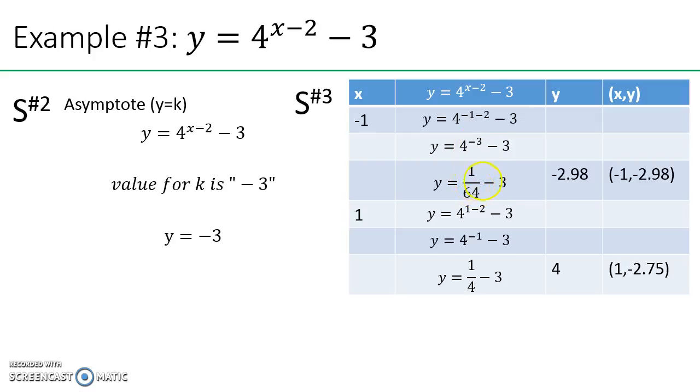Now, because we have a fraction here, remember to subtract fractions, you have to change this 3 to a fraction with a base 64. Or you can just divide in your calculator, 1 divided by 64, and 1 divided by 64 minus 3 is negative 2.98.